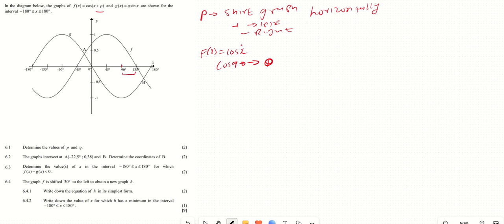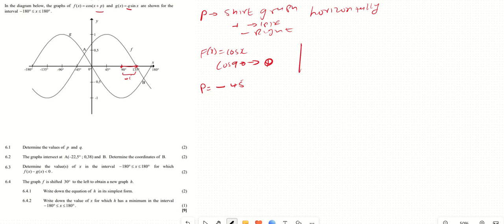So now this coordinate shifted to this point, which is to the right, meaning that it's negative. So how many units? This is 45. So that means our p is equal to negative 45, because it shifted to the right 45 units. Then for q, we come with the amplitude.